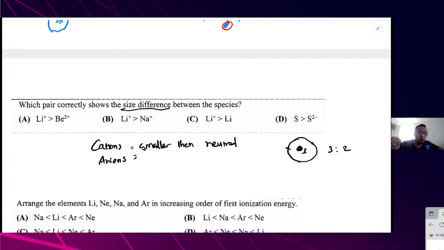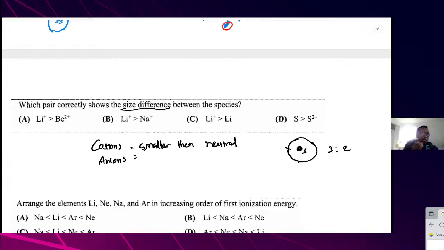Then you lose one person in your team, and the other team can easily pull you toward, in this case, the nucleus. So it causes a smaller size.